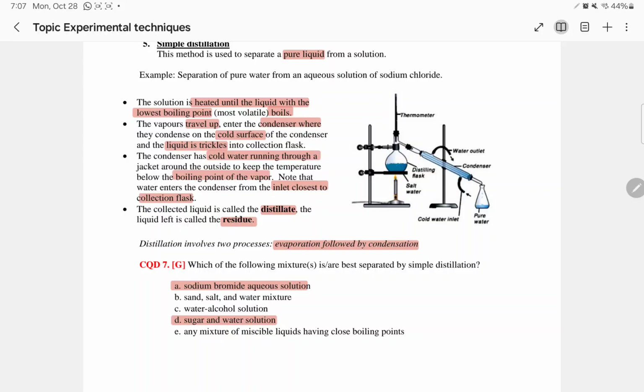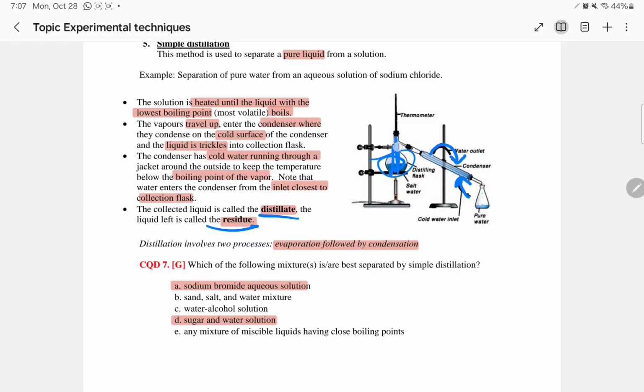And we know that the water is going in from this point here. From here, water is going in. From here, water is going out. Like this. And then what you collect is called distillate, and what's left here is called residue.